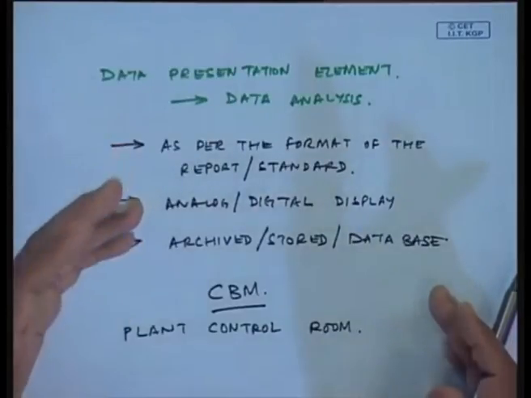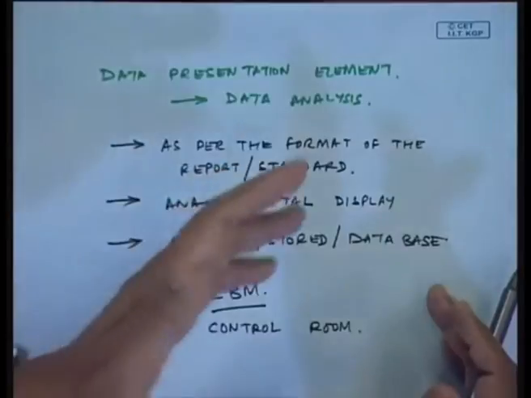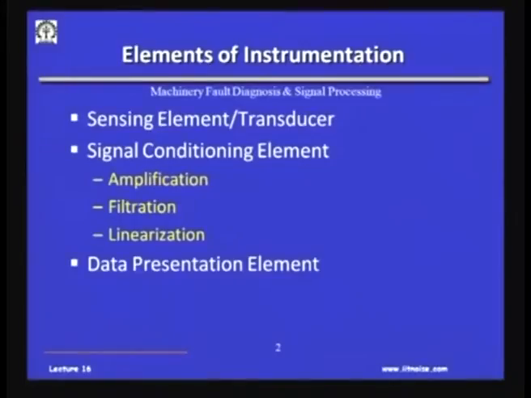Alarms could be right there at the plant, alarms could be right there on your mobile phones also. Okay, and that is the present state of the art. Okay. So, essentially all this which we have discussed so far are the elements of instrumentation, and to summarize, the three elements of instrumentation are the most important, the sensing element, then the signal conditioning, the intermediate equipment or analysis unit, and then the data presentation element.